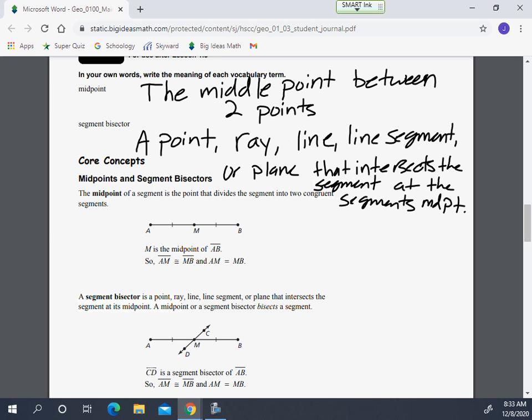Okay, so it's really anything that intersects a line segment at the line segment's midpoint.